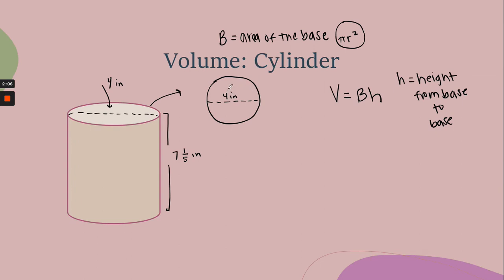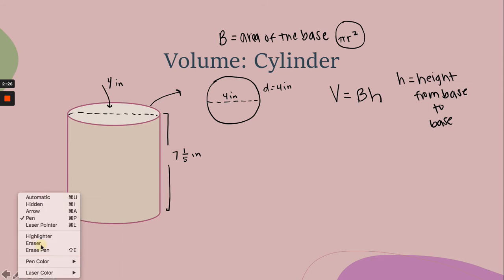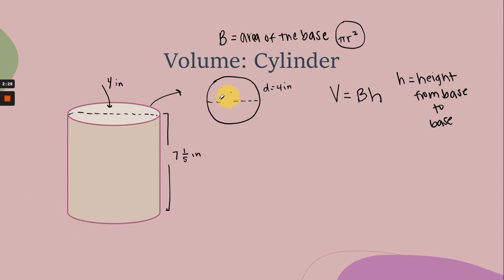So I know that the diameter of my circle is 4 inches, but I don't need the diameter. I need the radius. So the radius is half of the diameter. So to figure out my radius, I would cut this in half or divide by 2. So the radius of my base would be 2 inches.